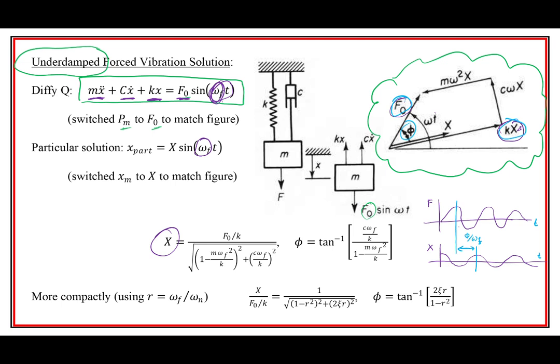You can also see how this gets constructed. Is this going to be a vector thing between these forces? Here's going to be your spring force, here is your damping force, and then here's your acceleration force. And you'll notice that once again, these are 90 degrees from each other, and then these are 90 degrees. Therefore, this one and this one are 180 degrees out of each other, and then they complete the vector.